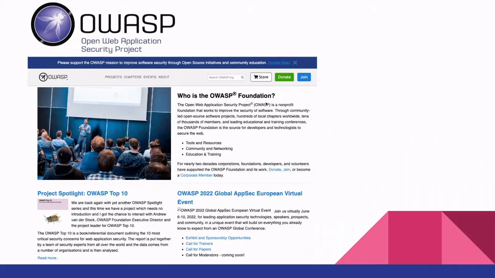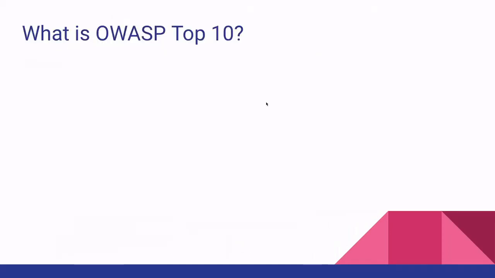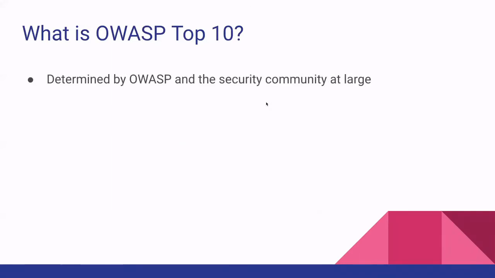So let me move on to what is OWASP Top 10. OWASP Top 10 is an awareness document of the top 10 most critical application risks that are out there in the world today. This is not typically a standard of the top 10 critical things to look out for, but more of the top 10 risks that are out there that one would need to take care of or be aware of.